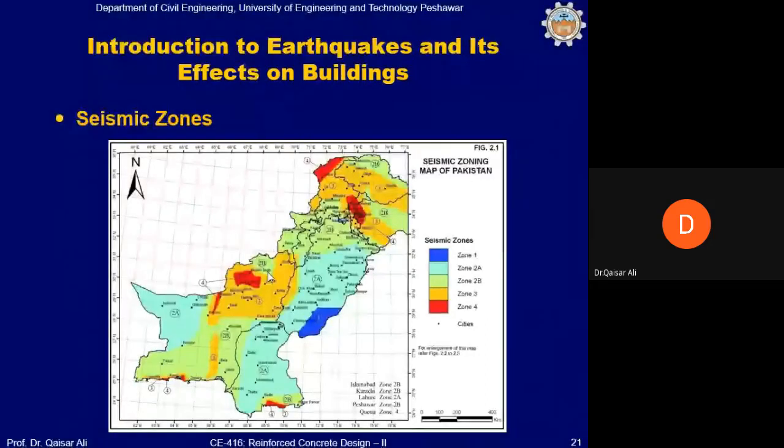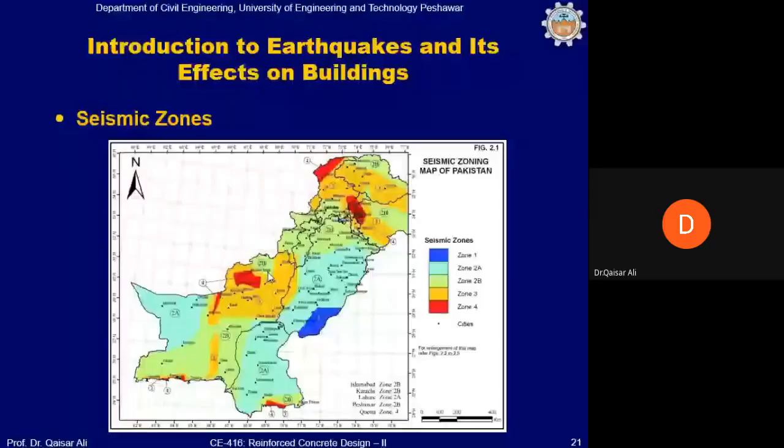Seismic zones 2A and 2B are moderate seismic zones. Seismic zones 3 and 4 are high seismic zones. Now, coming to the regions, you can see that Khyber Pakhtunkhwa is located mostly in zone 2B, with the northern part in zone 3.